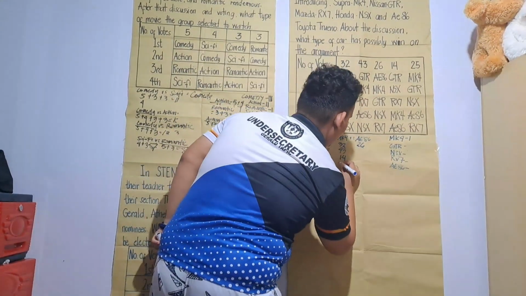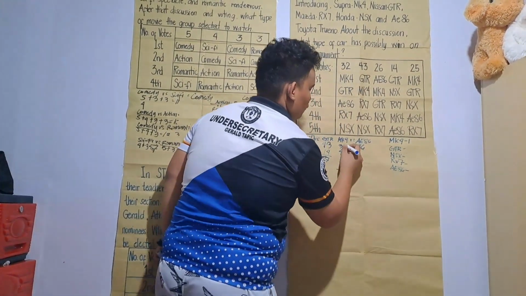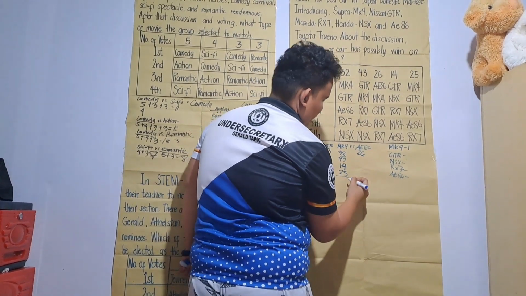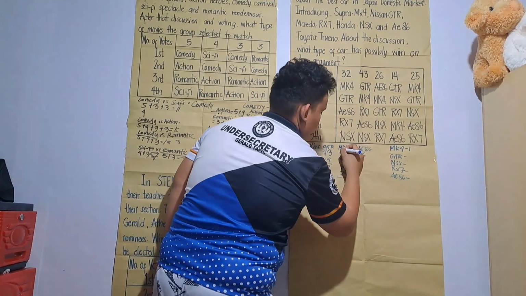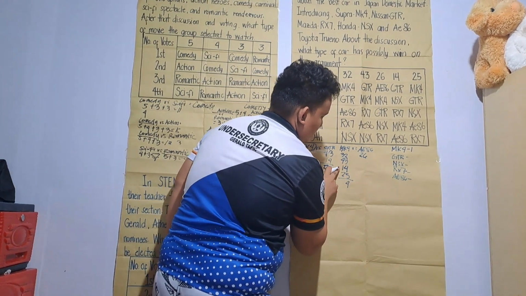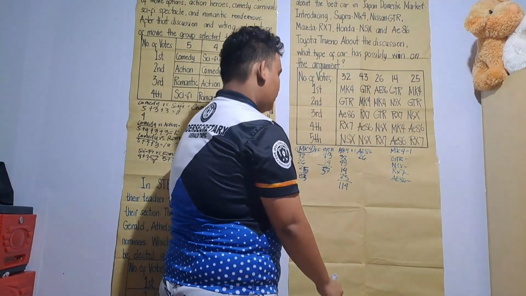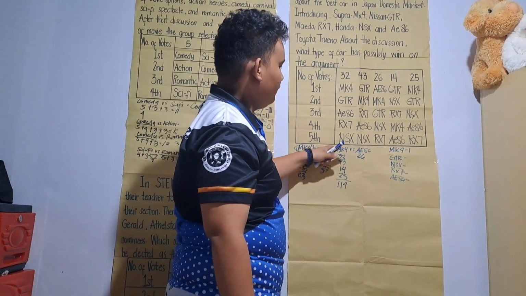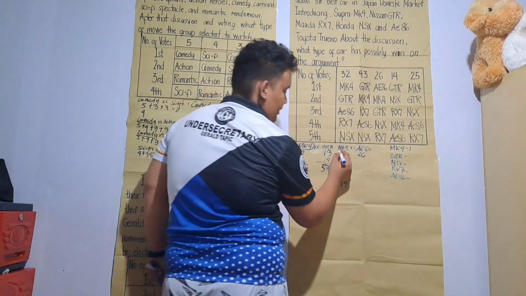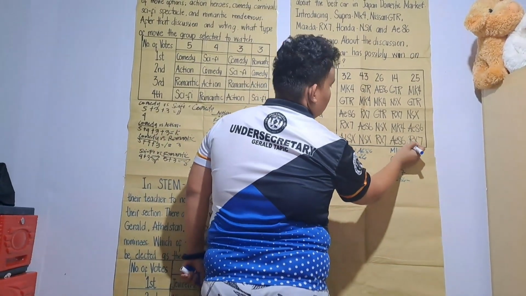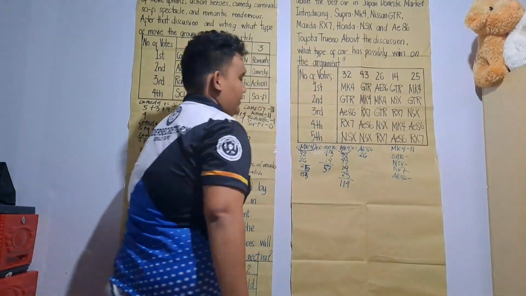So 25. Adding up, a total of 114 votes to MK4. The winner in this matchup is MK4. So MK4 now has 2 points already.